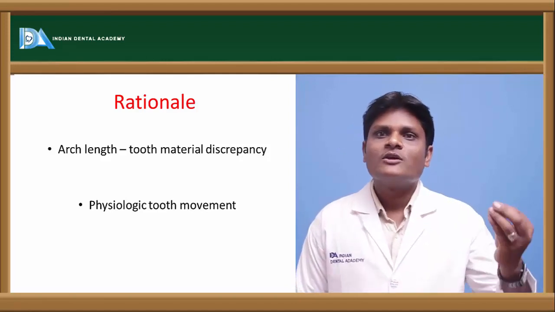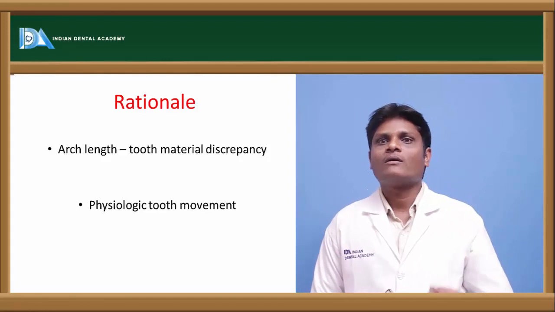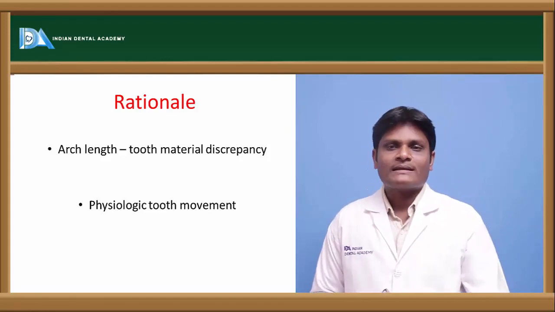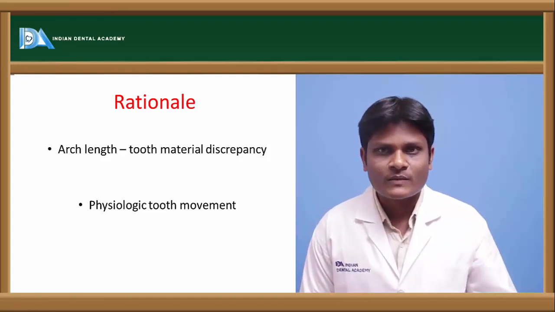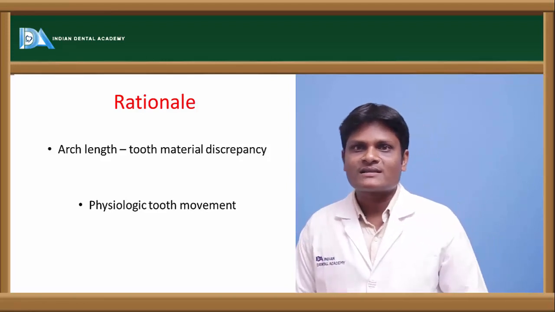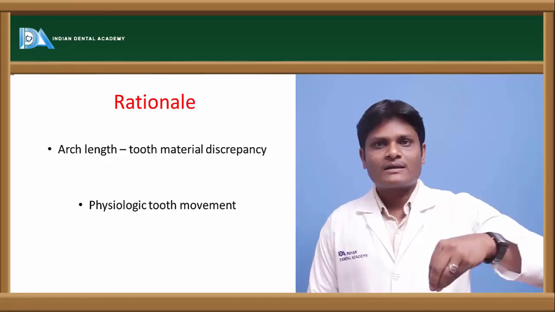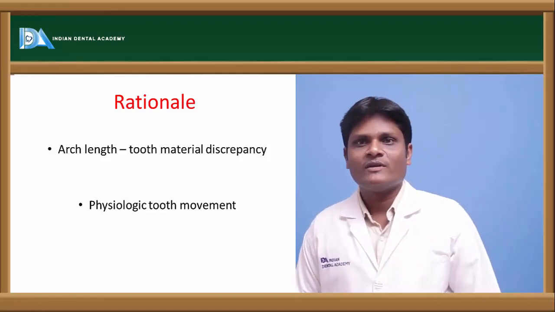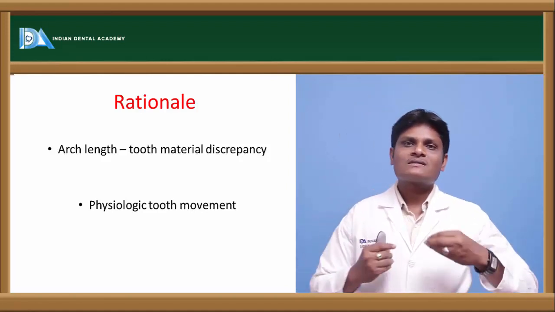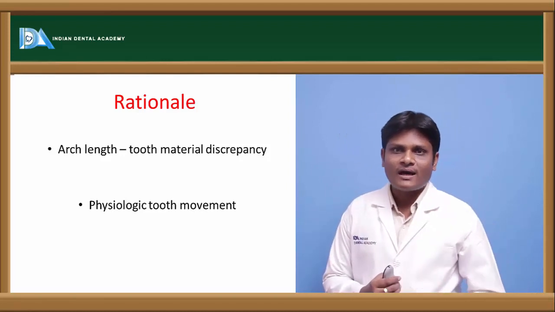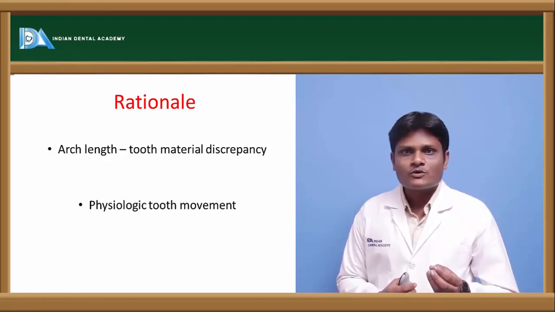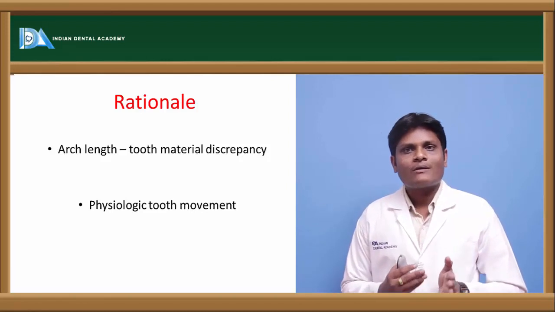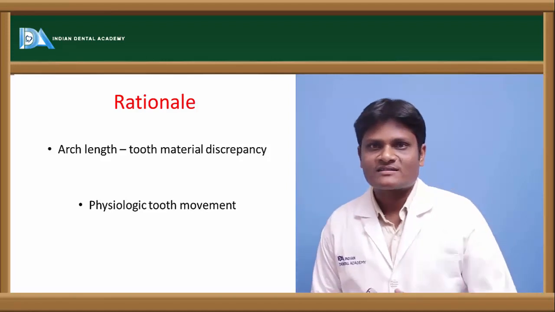This is called physiologic tooth movement or physiologic tooth migration that happens in every individual. This happens not only in serial extraction; it's a common phenomenon that compensates for occlusal wear and proximal wear. So there is a constant tendency of teeth in the arch to move either occlusally or mesially to make contact with their counterpart or adjacent tooth.